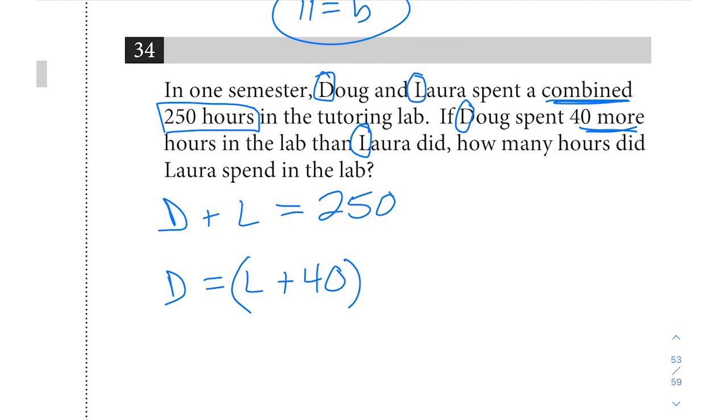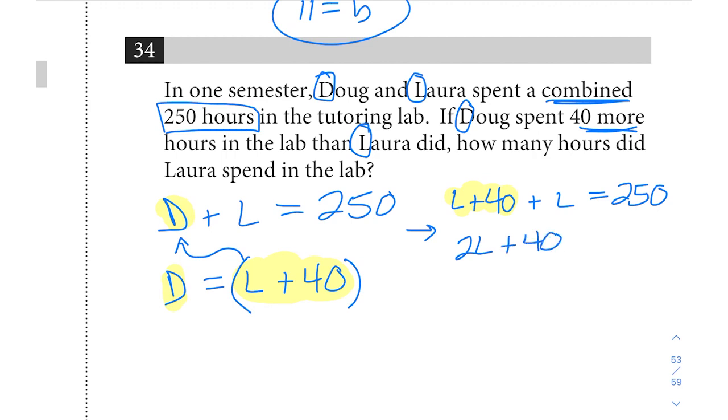Here we can substitute in L plus 40 in place of D and rewrite that equation to say L plus 40 plus L, and I'll highlight it, but basically instead of D we're writing in this expression because we know that that's what D is equal to, and so we plug that in place of D and keep everything else as is, and we get 2L plus 40 equals 250.